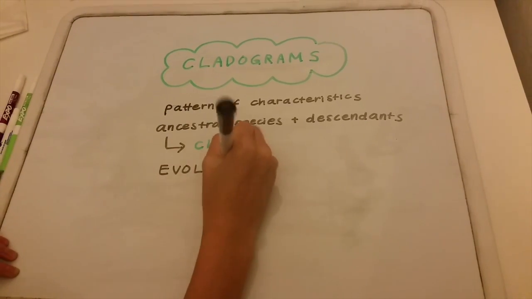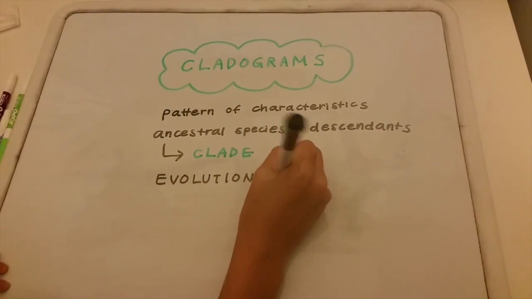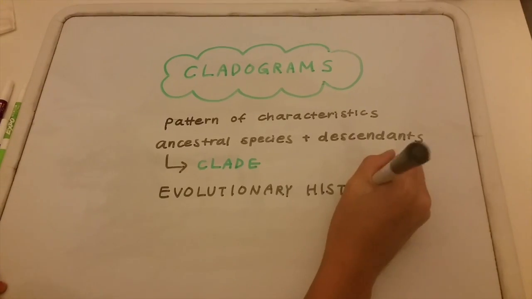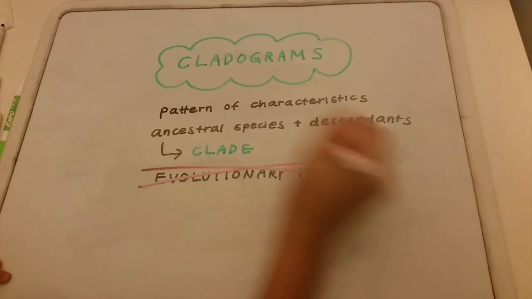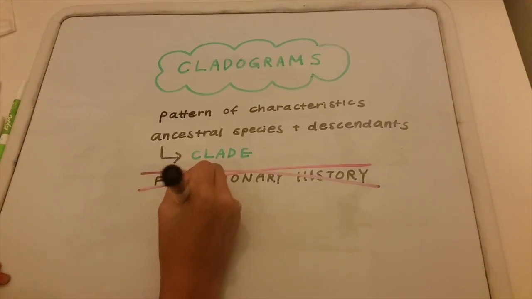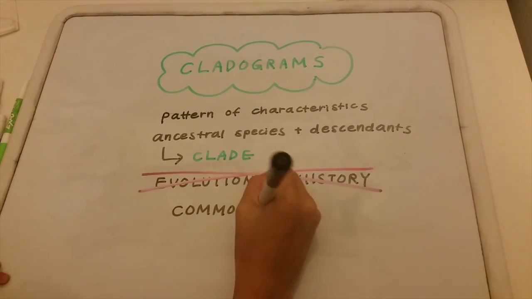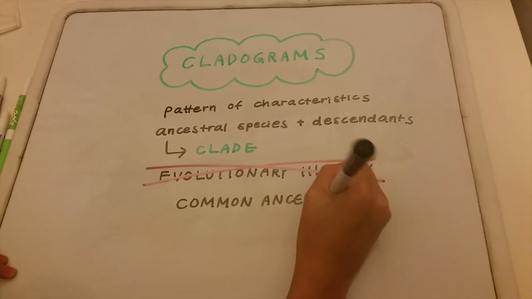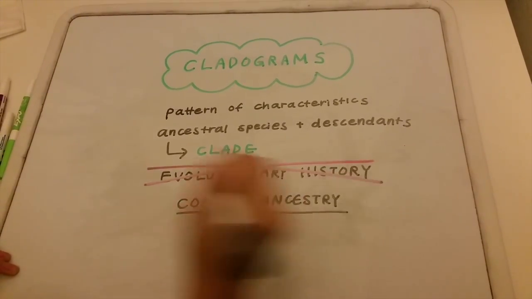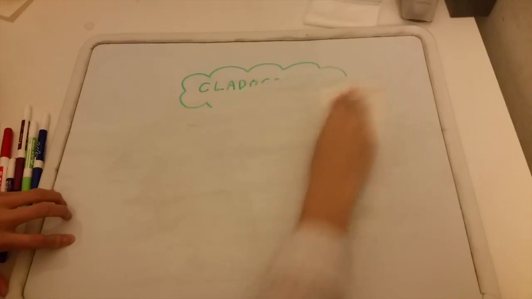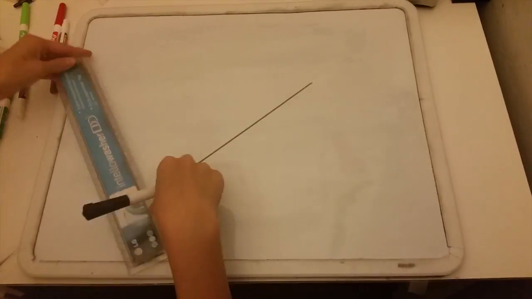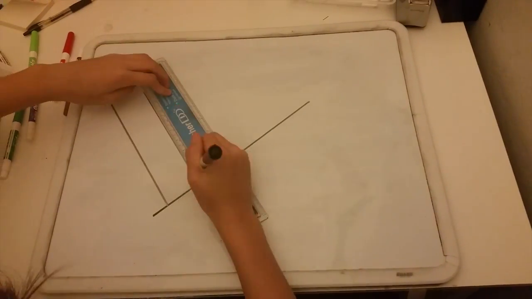A cladogram alone does not imply evolutionary history, but shared characteristics due to common ancestry may form the basis of a phylogenetic tree. Here is an example of a cladogram.